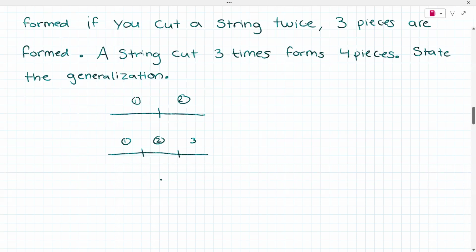And then if you have the same length of string and you cut it 3 times, how many pieces do you have? 1, 2, 3, 4 pieces.